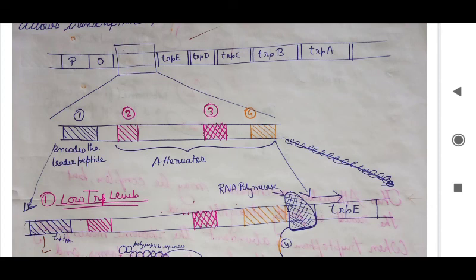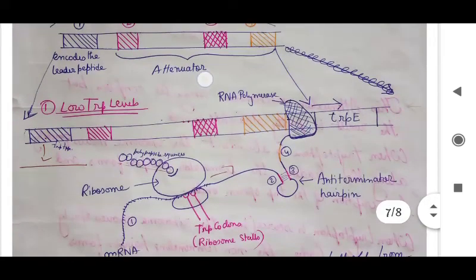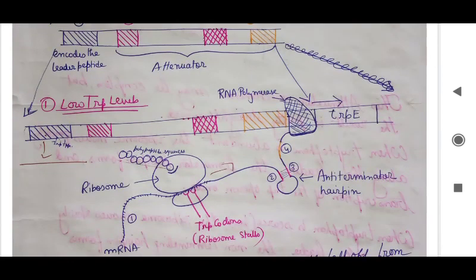In case of low tryptophan levels, what happens? This 2 3 4 region of the attenuator folds onto itself to form the anti-terminator hairpin, as you can see in the diagram. This 2 3 4 region is actually a part of the attenuator region.